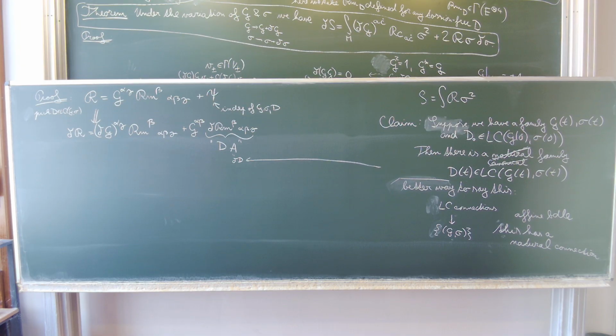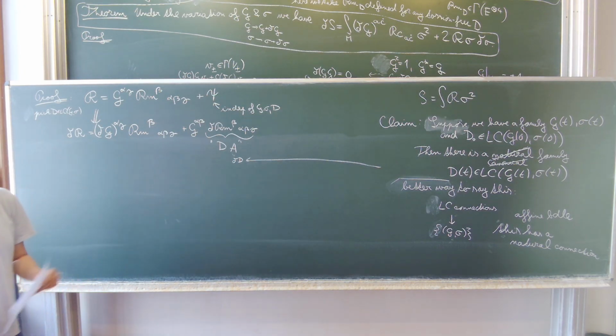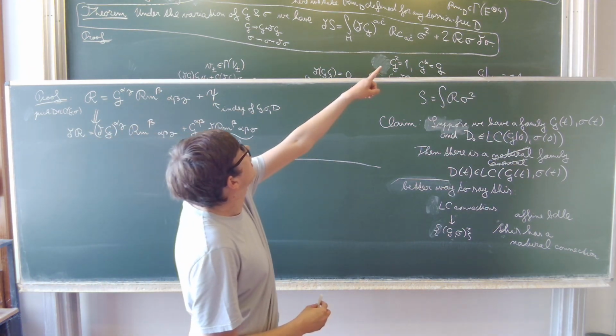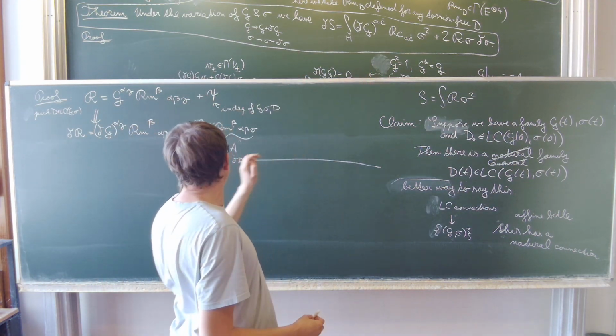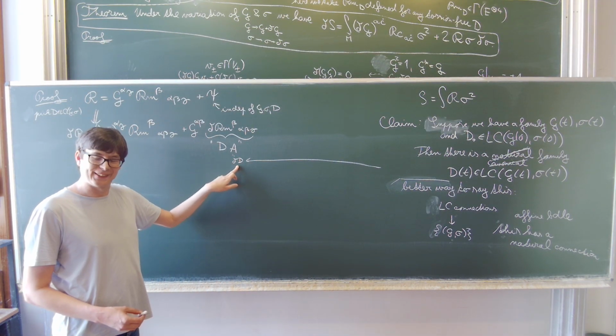I'm sorry, I'm a bit confused. Shouldn't it be something like dA times delta G? A is delta D, and delta D has delta G in it.